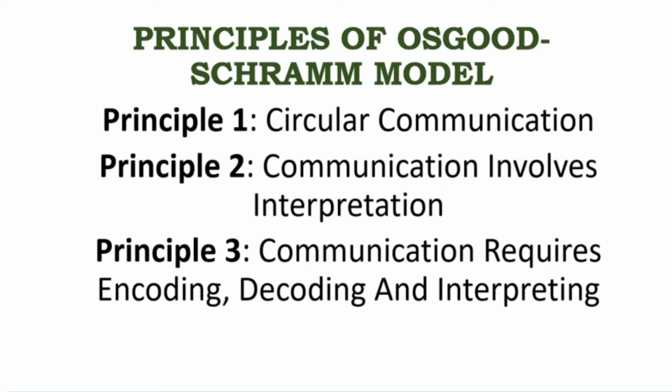Once someone has decoded and interpreted a message, they can then go about encoding their own message to send back to the original sender. They would in turn go about decoding and interpreting. So the cycle continues.